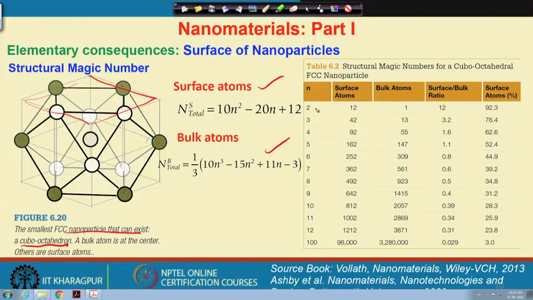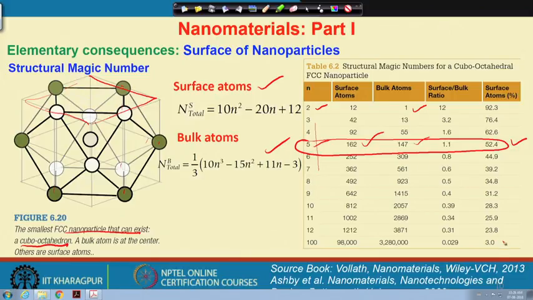Here the minimum n is equal to 2, because 2 cells are there, and then the bulk atom is 1. If we increase it, you will see that the surface to bulk ratio becomes similar, when we consider that 5 is the value of n, and I have 162 atoms to 147. Here almost 52% surface atoms are present, which again reaches down to 3%.